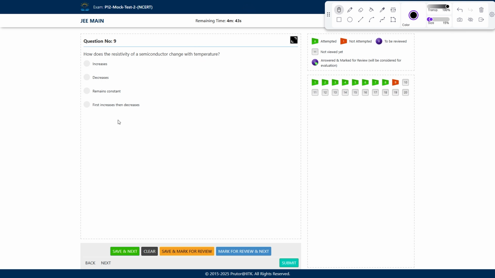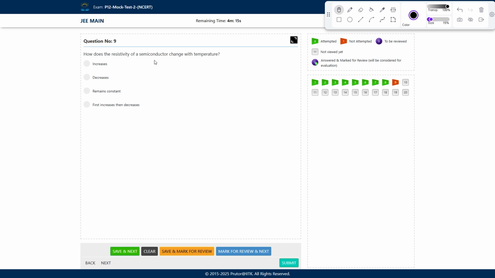Okay, so next question, how does the resistivity of a semiconductor change with temperature? We have discussed the temperature dependence of resistivity of all the materials. For conductors, resistivity increases with temperature. For insulators and semiconductors, resistivity decreases with temperature.